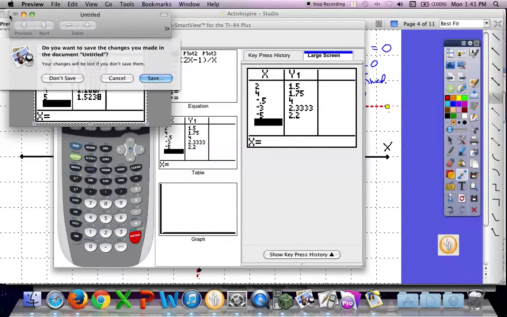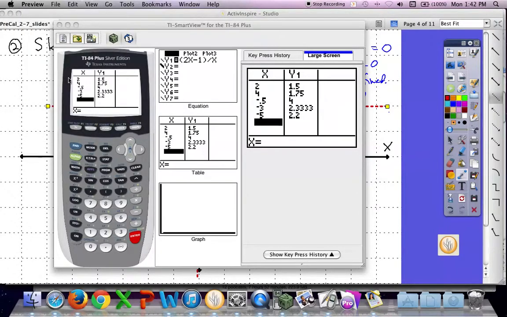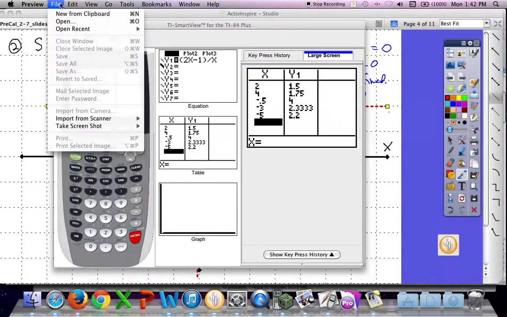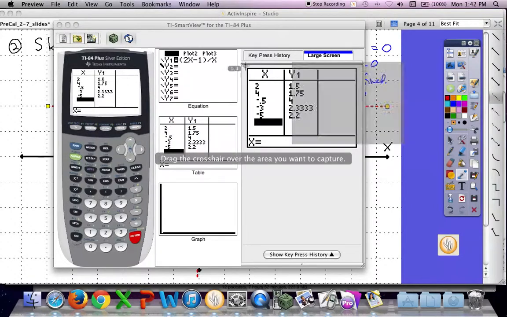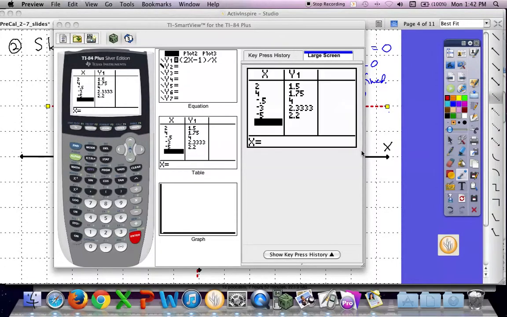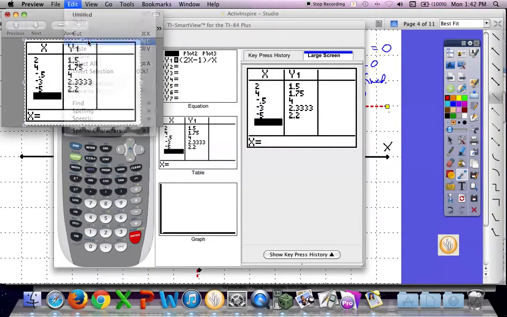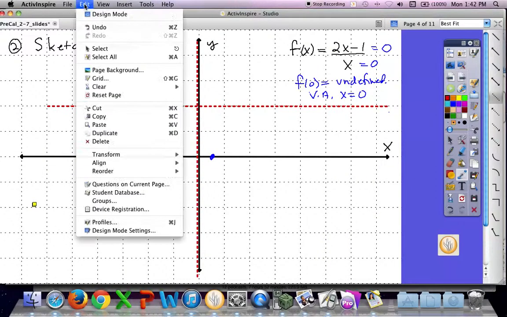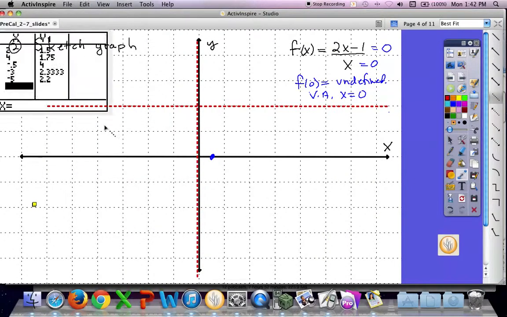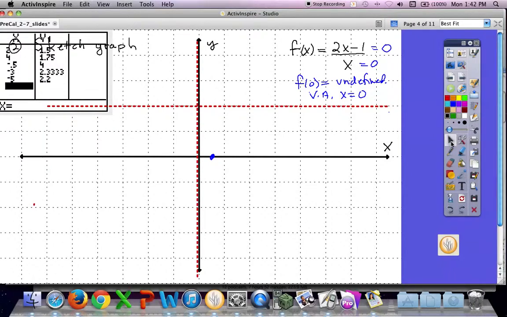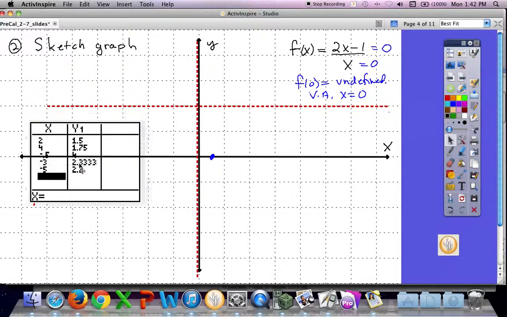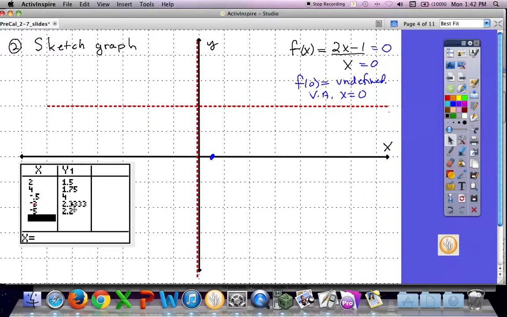I am going to capture that and bring it to our slide. Select all, copy, and then come back over here and paste so that we've got these values right there. How about that? So now I can graph these points.